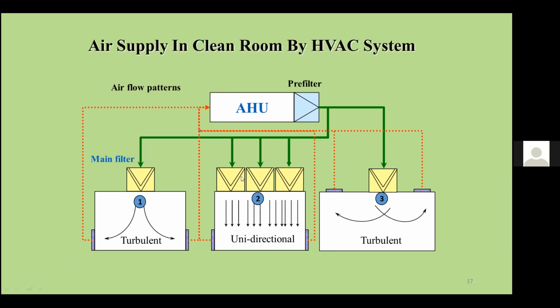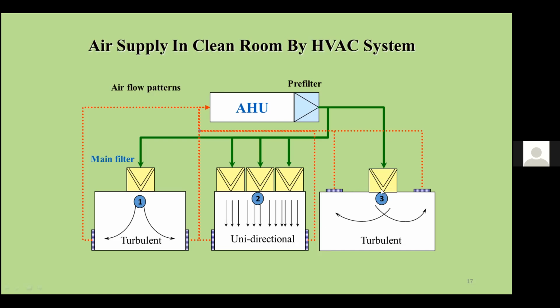Here we can use a lot of HEPA filters on the top surface of the clean room. Through those HEPA filters we can pass the air in only one direction at very high speed, and then this air comes out through the ground and goes through the ventilation line.